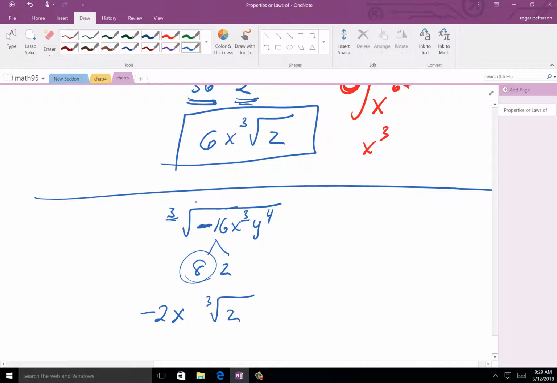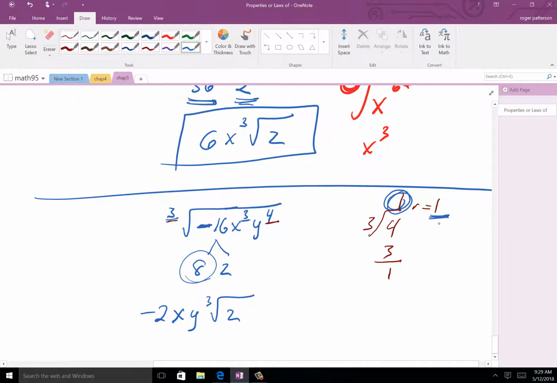You say, well, what about this? I've got a 4 and a 3. 3 doesn't really go into 4 nicely anyway. It does go in there once with a 1 left over as a remainder. So we take this y and write it as y to the first power because it goes in there once.